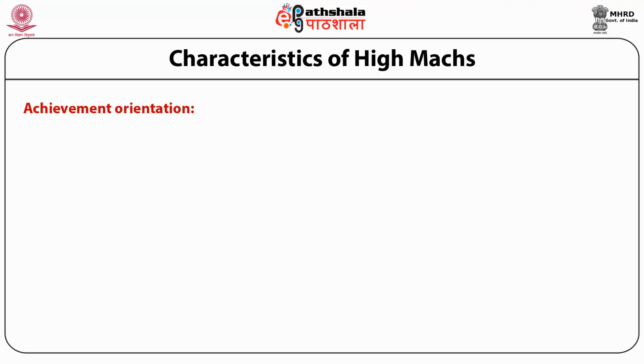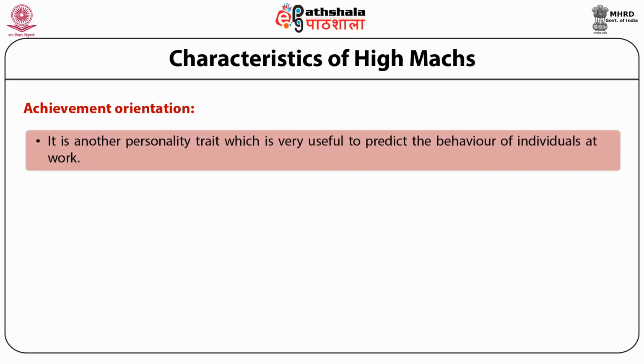Achievement orientation. Achievement orientation is another personality trait which is very useful to predict the behavior of individuals at work. People with high need to achieve tend to put continuous efforts to do things in a better way.